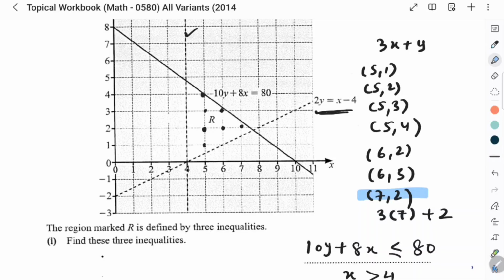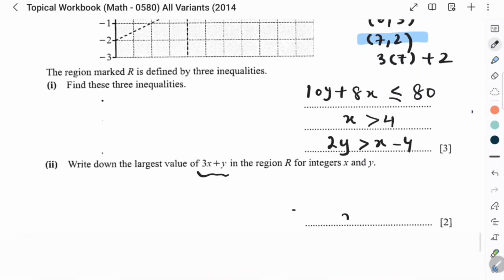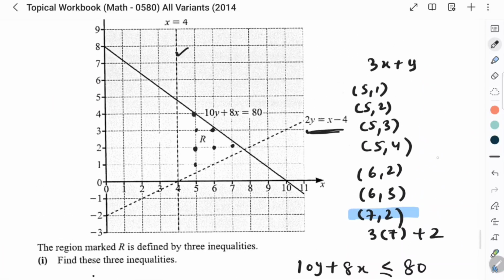So this is the largest value. You can check the others. For example, if you take 5, 4, 3 times 5 is 15, and 15 plus 4 is 19, which is still less. If you take the other values, they don't give the largest one.